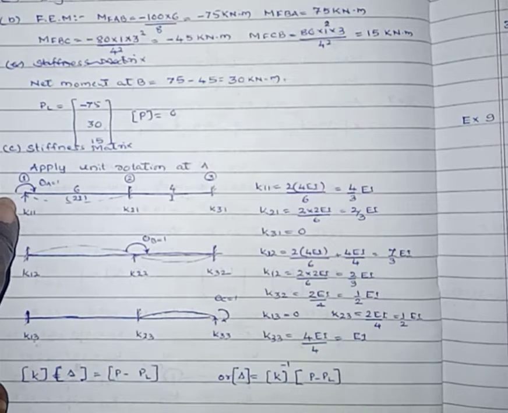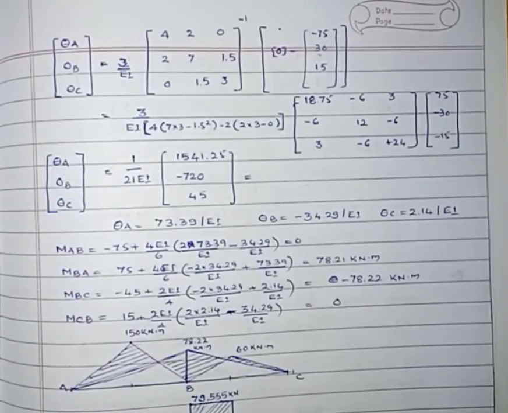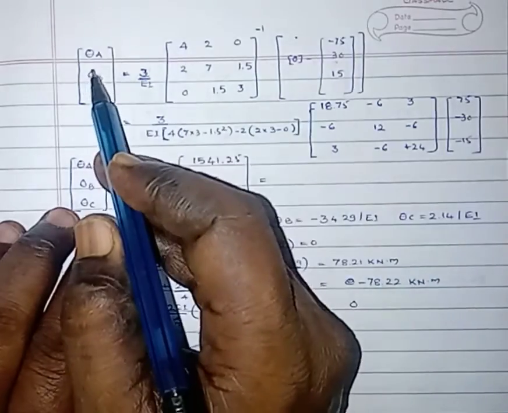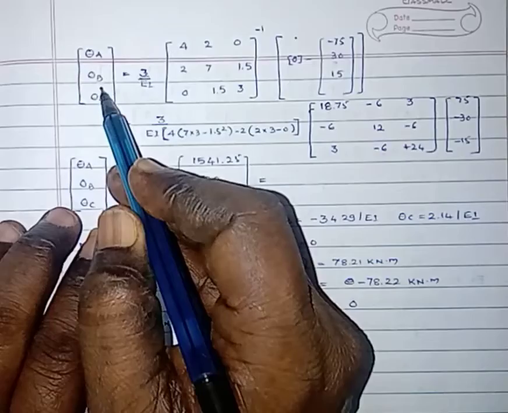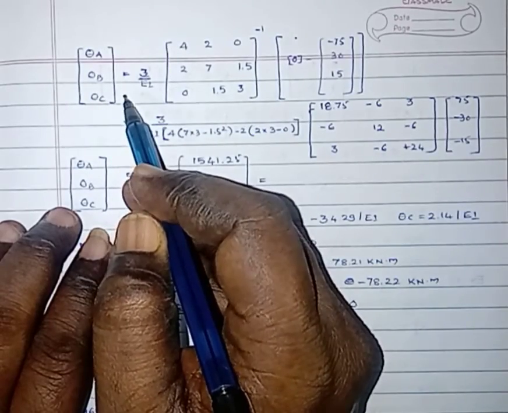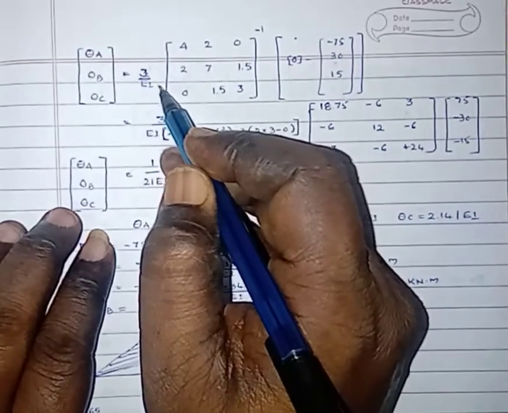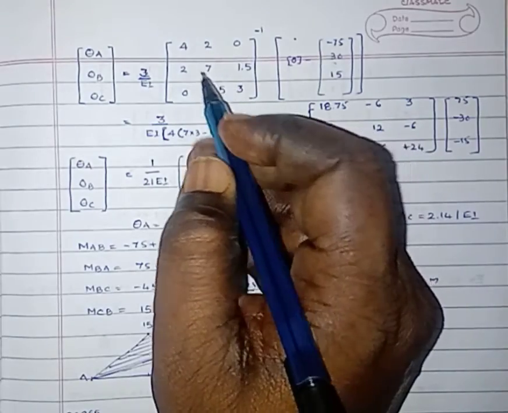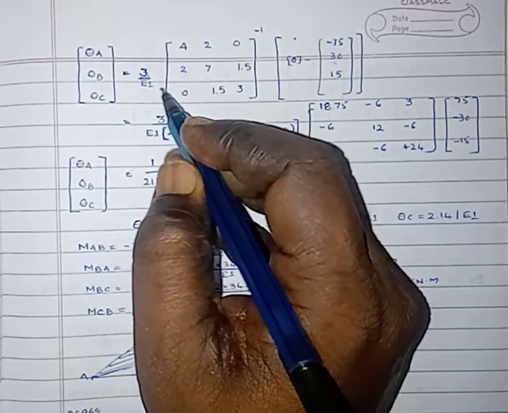Then to get the values of the redundants, here we have assumed theta A, theta B, theta C as the redundants. Here for the inverse of the stiffness matrix, EI is common in all, then the inverse of EI is 1 over EI.